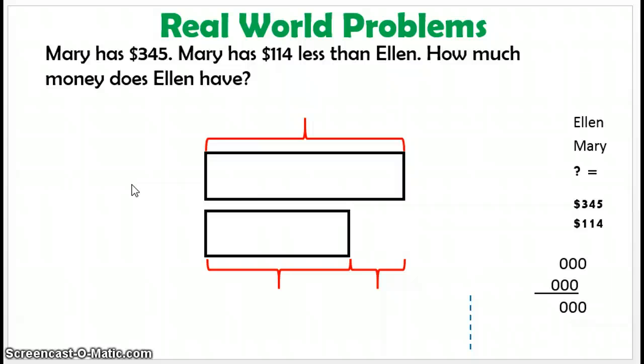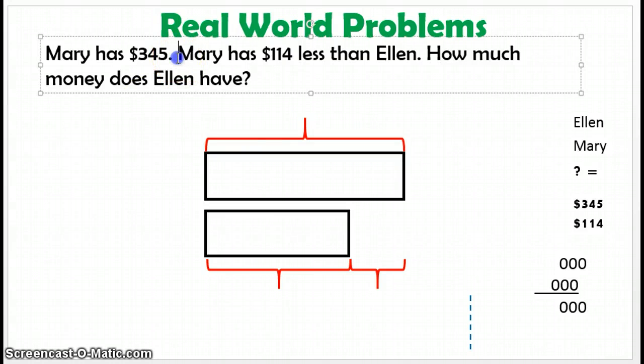Step number 2 says decide which is more or less. So I am comparing how much money Mary has, and I'm comparing how much money Ellen has. So I need to decide which one of those two girls has more money or less money. So I'm going to read this again. Mary has $345. Mary has $114 less than Ellen.